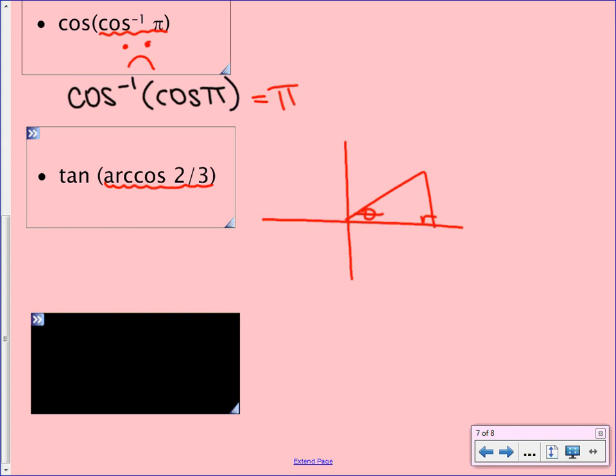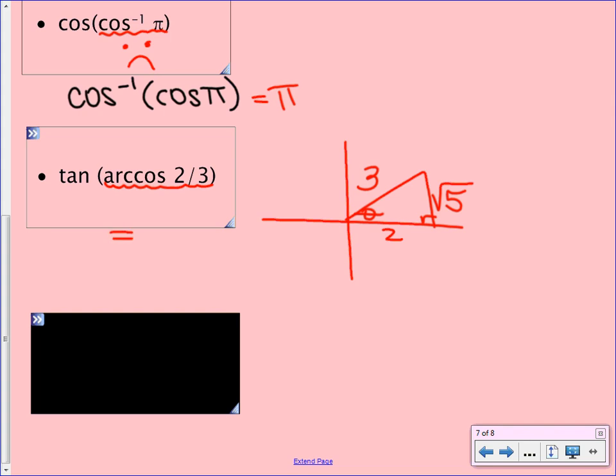So our inverse cosine of 2/3, that means cosine is 2/3, right? What's the third side of our triangle? Radical 5. So what is the tangent of this angle?